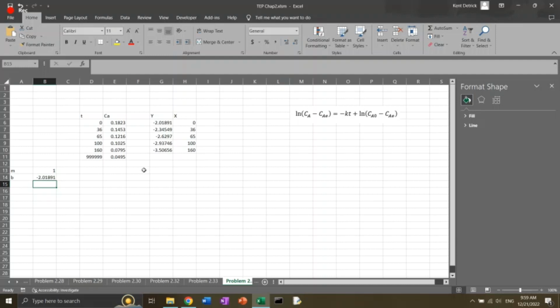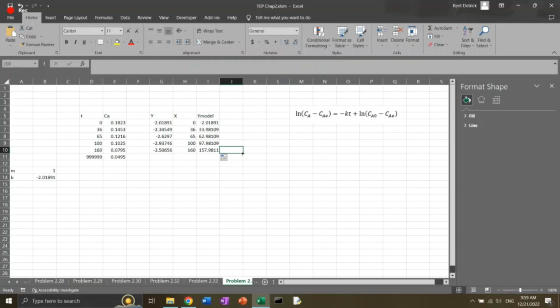Okay, and let's program our y model. y equals m times x plus b. We don't want our m and b to change when I drag this down, so we'll put dollar signs there.